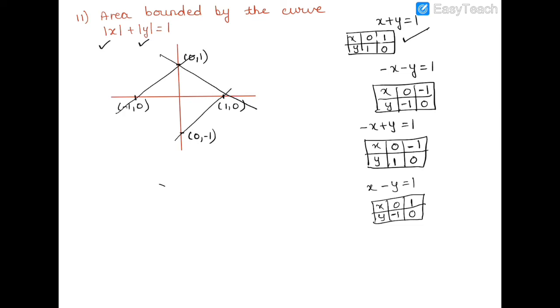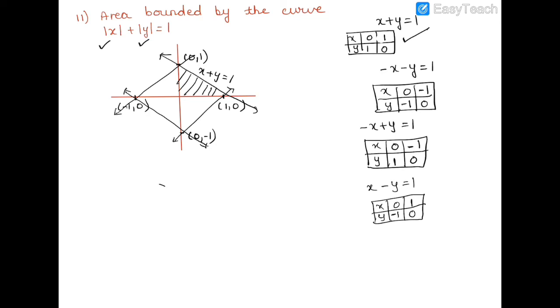You can see there is a symmetry over here, and therefore these are 4 lines that I'm going to get. If I find the area of one region, maybe this one, and then multiply it by 4, I will get my answer. So this was the line x plus y equal to 1, and similarly the other lines.